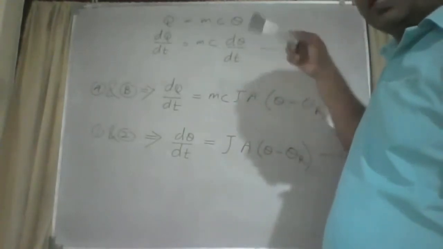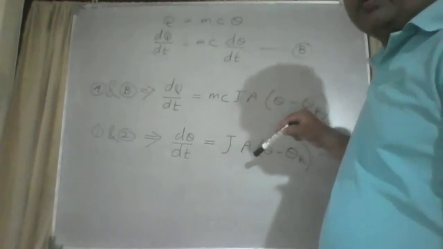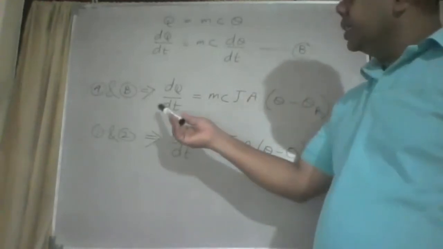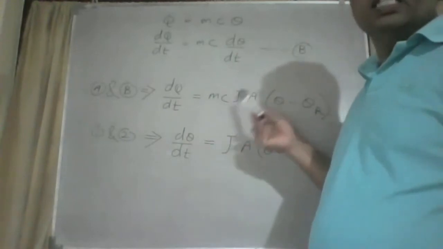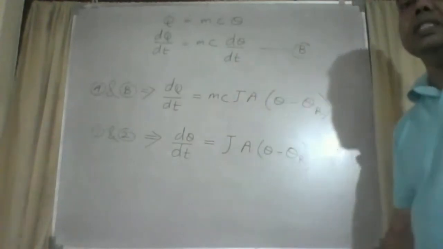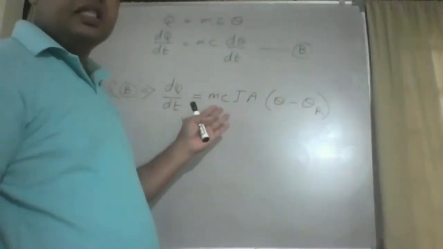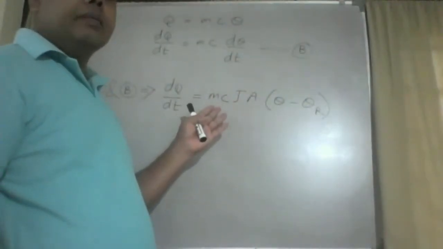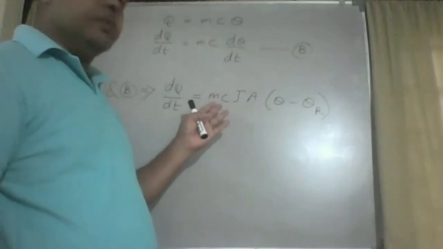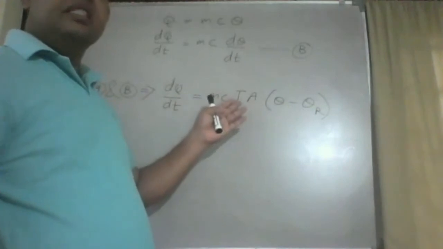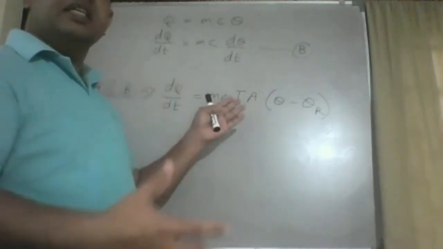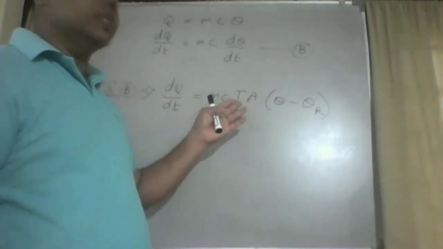Combining this equation and Newton's law of cooling, we can write dQ by dt equals m c J A (theta minus theta r). m is the mass of the object, c is the specific heat capacity of the material, a material property, J is a proportionality constant, A is the surface area of the object, again a constant for a given object.